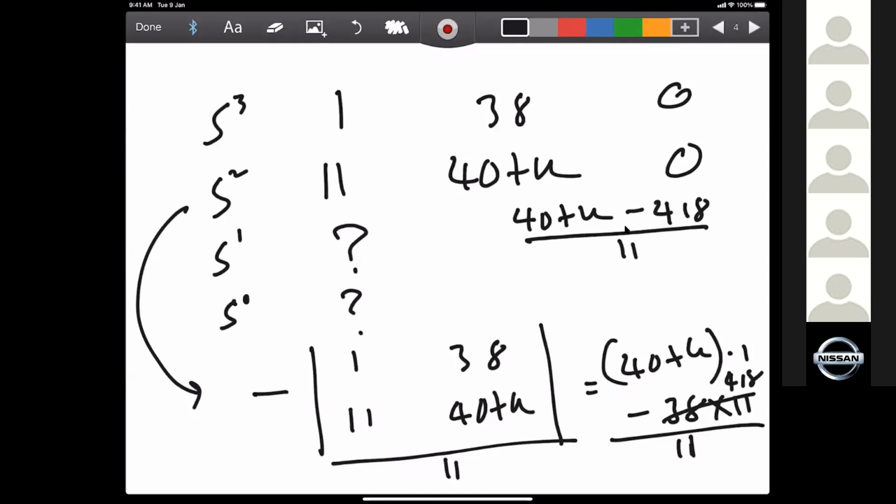And this one can be 40 minus 418. Okay, minus 378. 378 plus K divided by 11, which will be here.